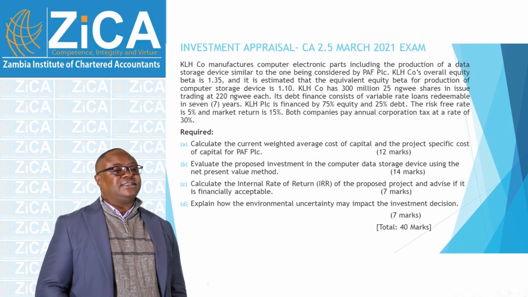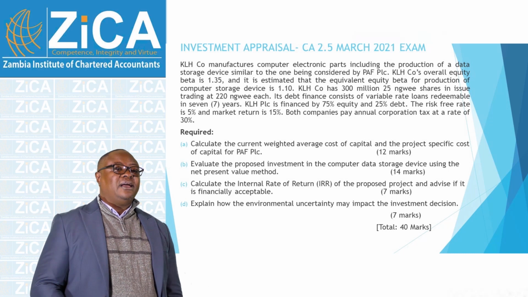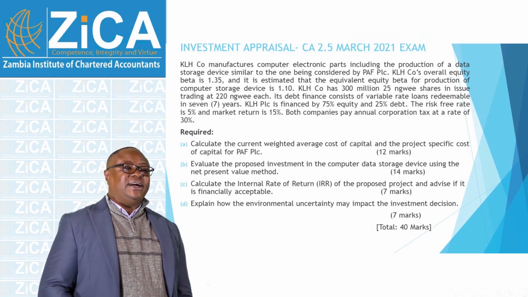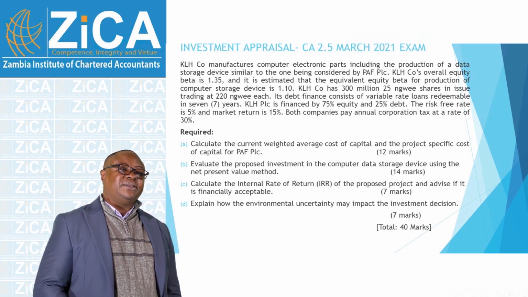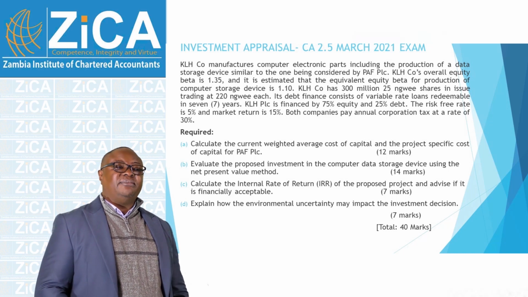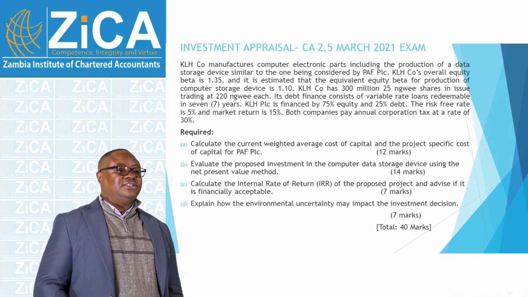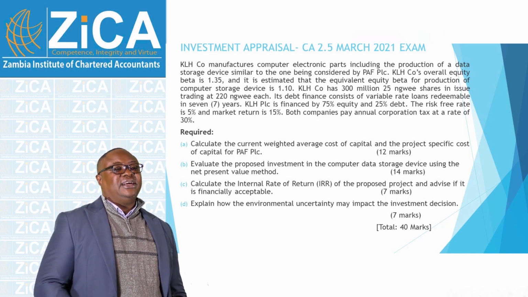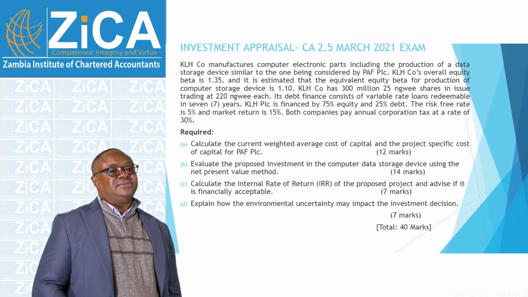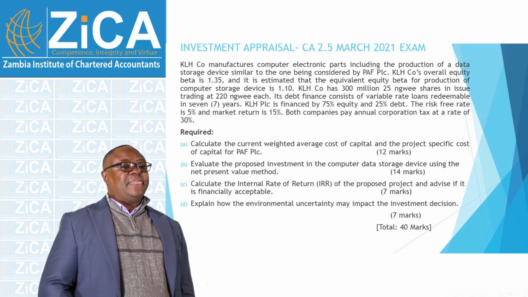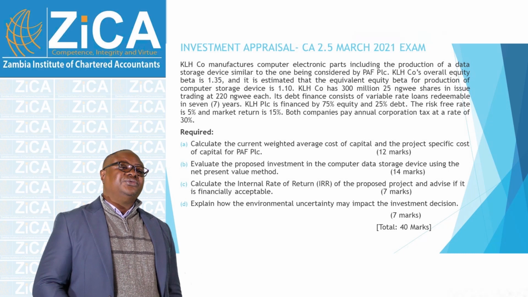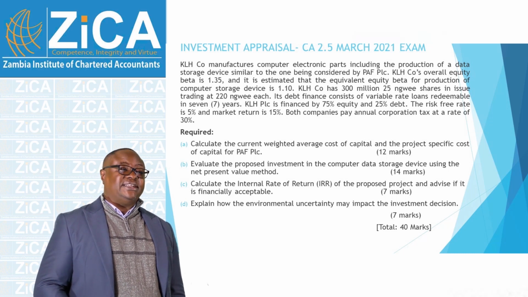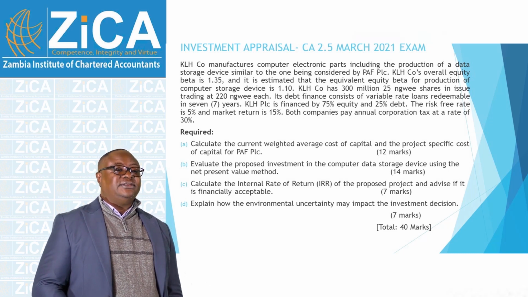Let's look at the other common mistake, which is number 6. Failure to compute capital allowances and incremental working capital. Again, this is a problem which in my discussions I have touched on, to do with the capital allowances, which is basically about taxation. You need to know that there are two methods that are used, either reducing balance or straight line method.